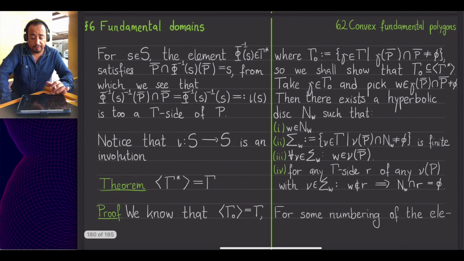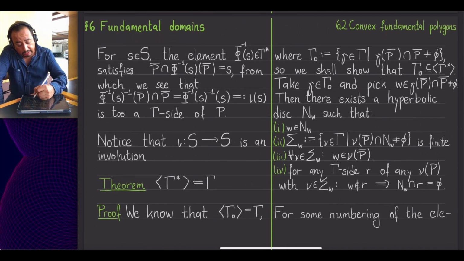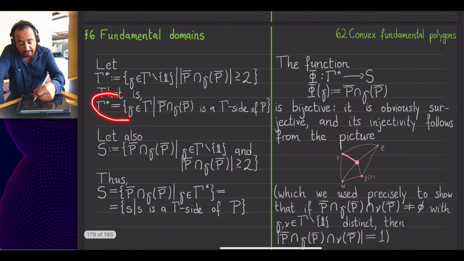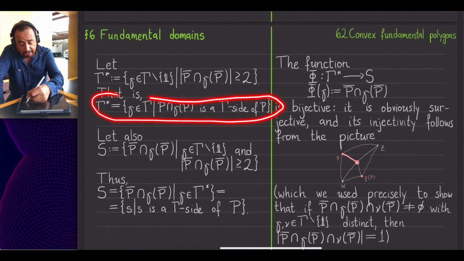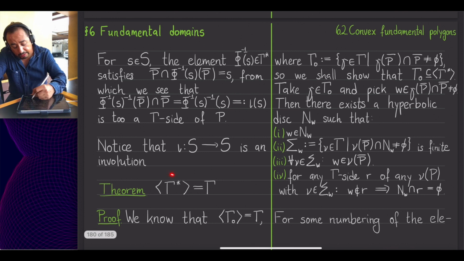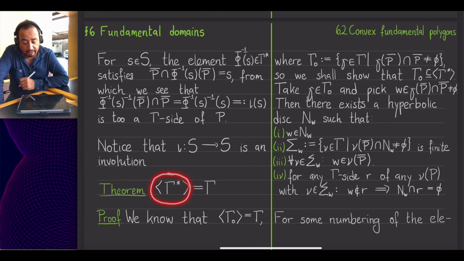Okay, and now let's show that the subgroup of gamma generated by gamma star is the whole gamma, so that this set generates gamma. This is the refinement that I mentioned at the beginning of the class a few minutes ago.